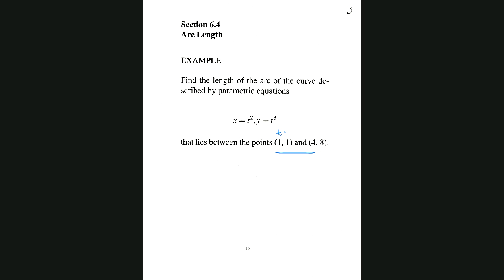That's right, t equals 1, because the points have to be on the arc. x equals 1 squared, y equals 1 cubed when t equals 1. That gives you the coordinate 1, 1. So the starting time is t equals 1.